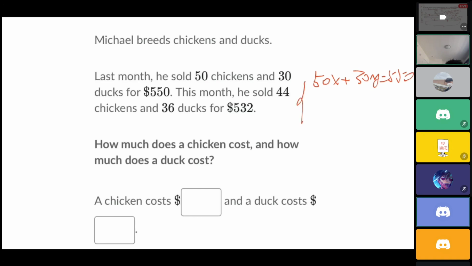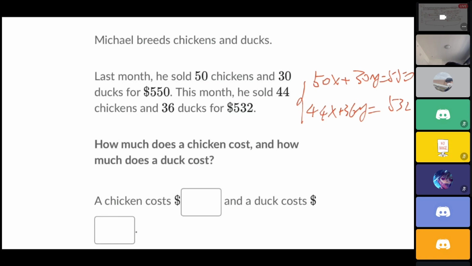And then for the 44x plus 36y equals 532, I divided by 4, so it equals 11x plus 9y equals 133.